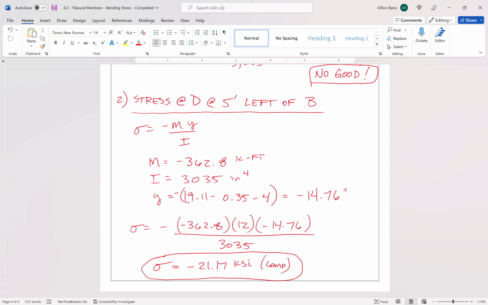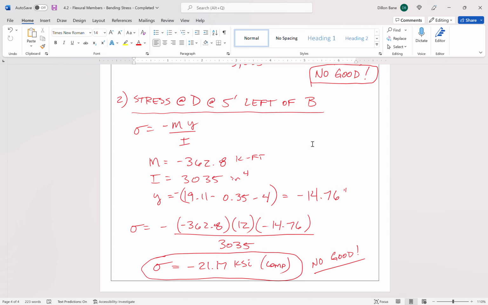Looking at this point, it is actually failing as well because our allowable compressive stress was only 19 KSI, right? So this point is also no good. This beam has failed in negative moment. The bottom flange of the beam has failed in negative moment.